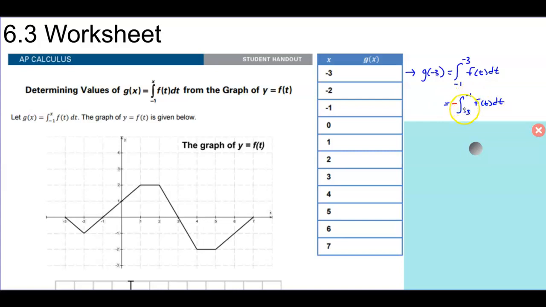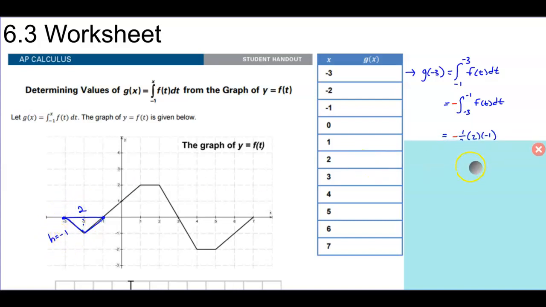So in doing that, I can now find the area under the curve from -3 to -1. If I start at -3 and go all the way to -1, notice I'm moving from left to right, and then I'll find the area of this triangle. The area of a triangle is 1/2 the base times the height. Here the base is a distance of 2, and the height is a distance of 1.